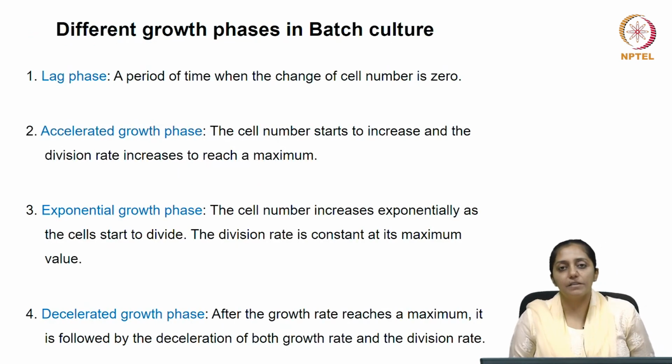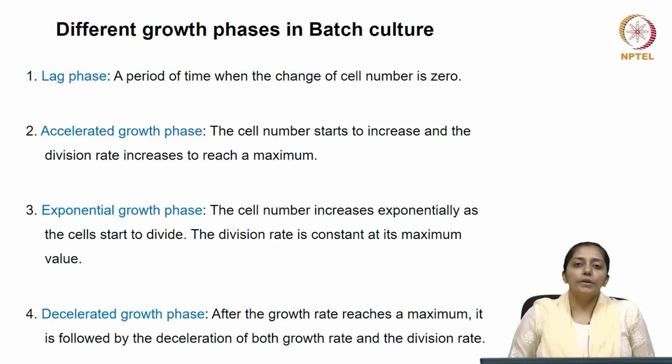Now, in batch culture, it is important to know that there are different growth phases observed before we determine the growth rate of the culture. So, there is a lag phase. This is a period of time when the change of cell number is 0. What is changing?